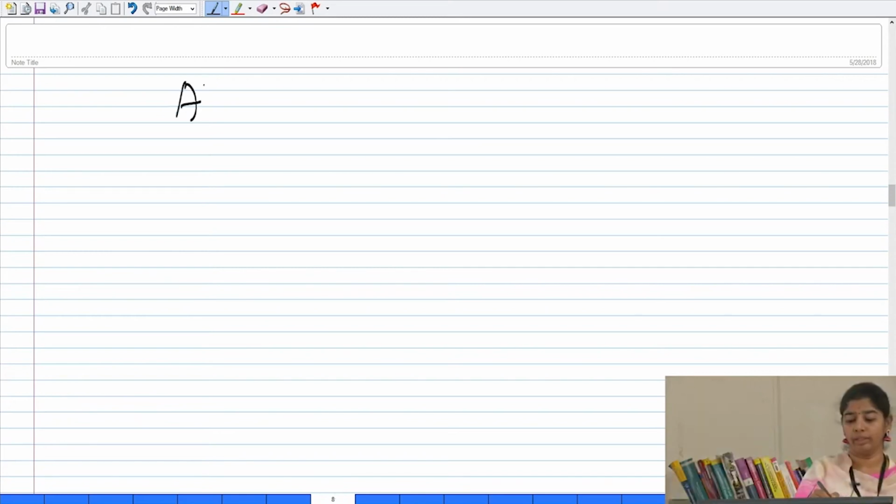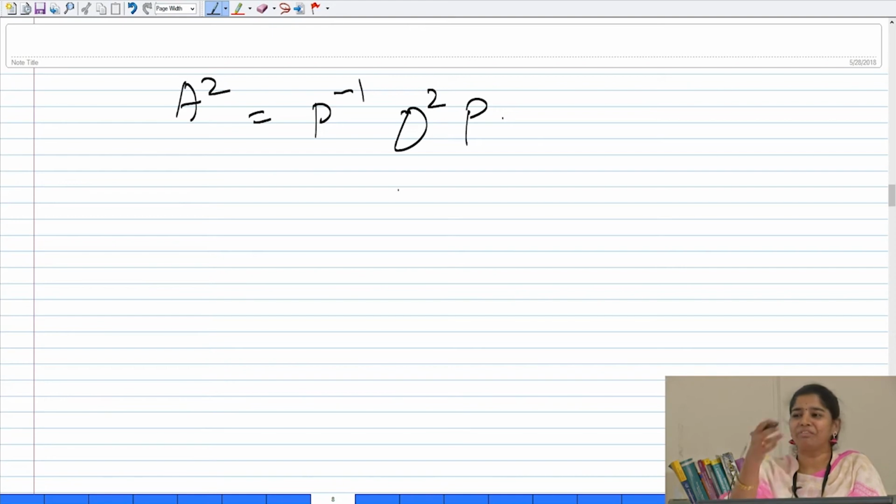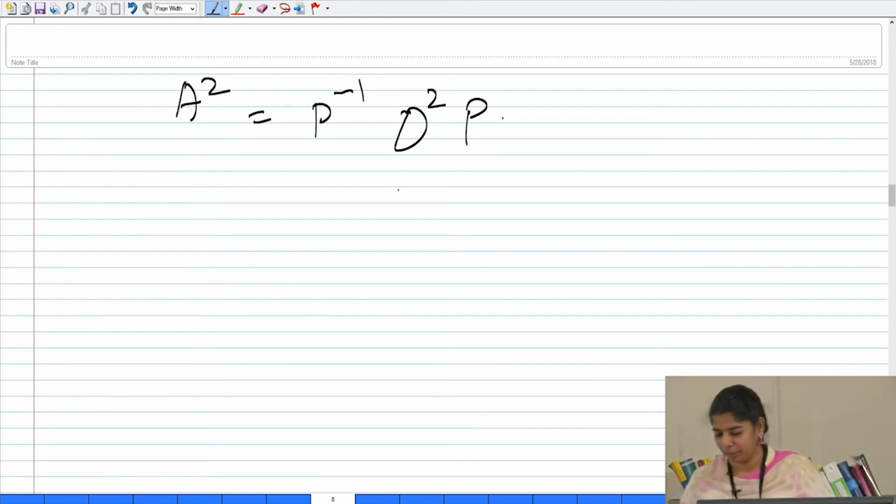A square is nothing but P inverse D square P. Even for A I could have done the same thing, I can still write my A as P D P inverse or P D P transpose in this case. But that is not my question. I am coming to my question, again connecting to graph theory.